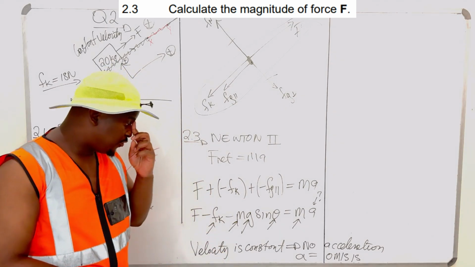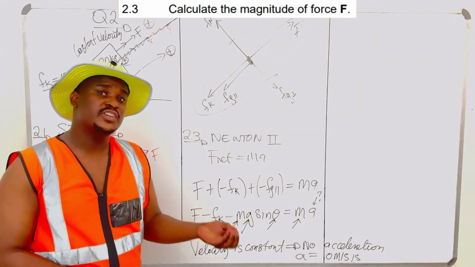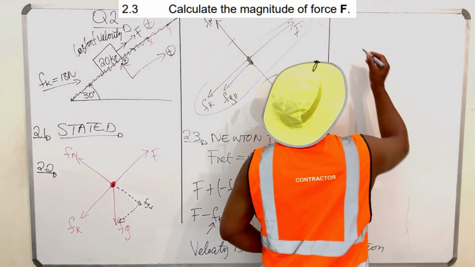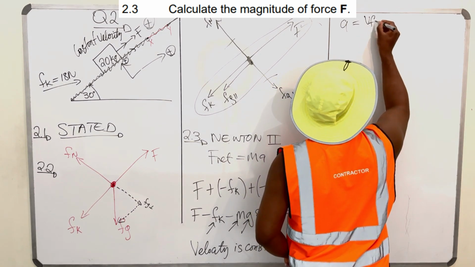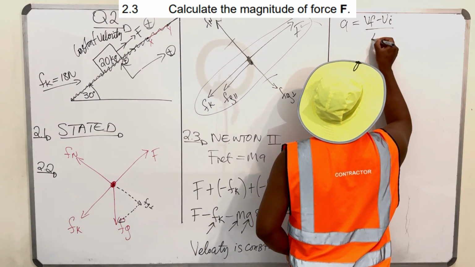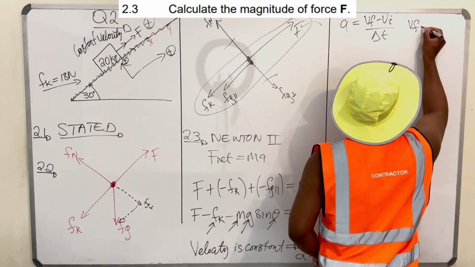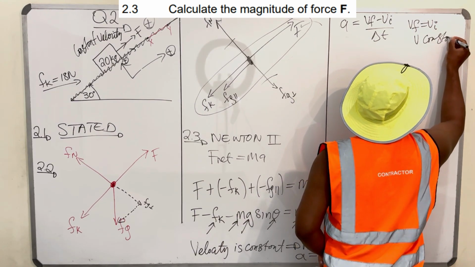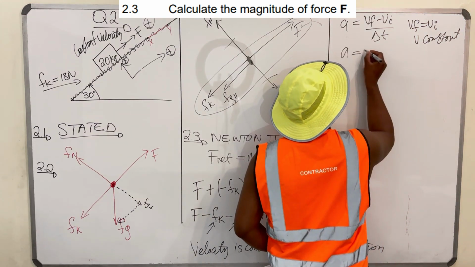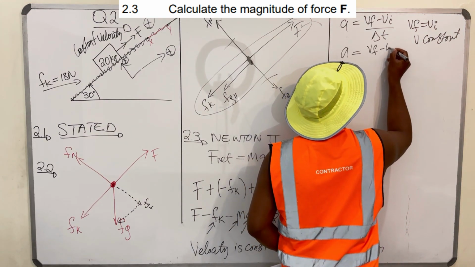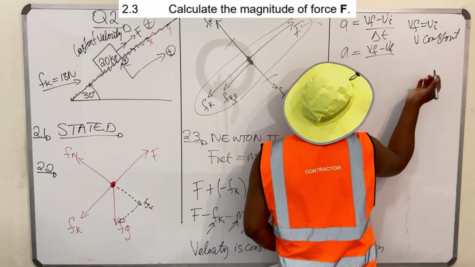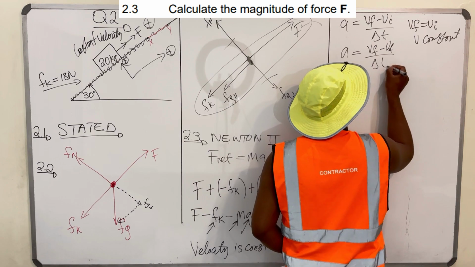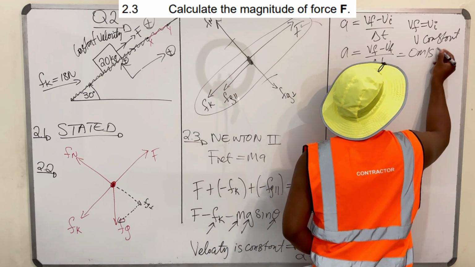So acceleration is equal to v final minus v initial all over change in time. But v final is equal to v initial because v is constant. Therefore, your acceleration is v initial minus v initial over delta t, which is equal to 0 meters per second squared.